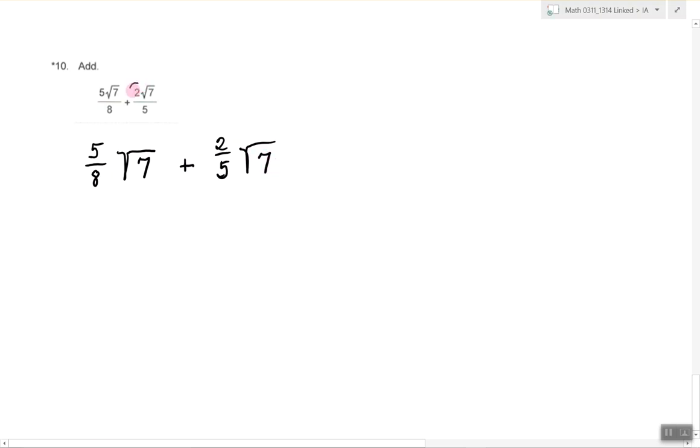So I like to grab this and write it as the coefficient, and grab this and write it as the coefficient. Now these are like radicals, so I'm going to have some square roots of 7. I need to add 5/8 and 2/5. That's okay. I'm going to do my fraction work.